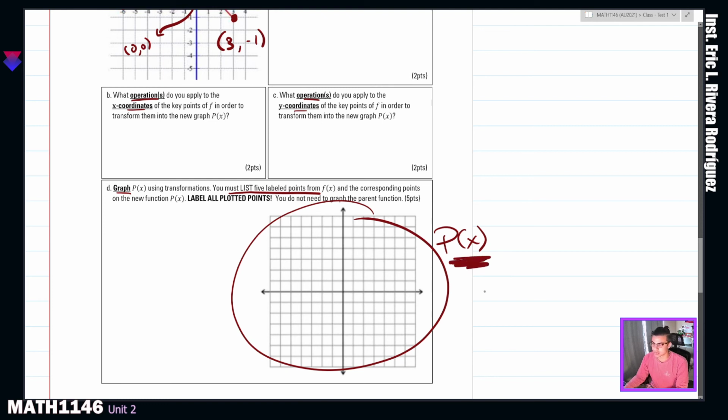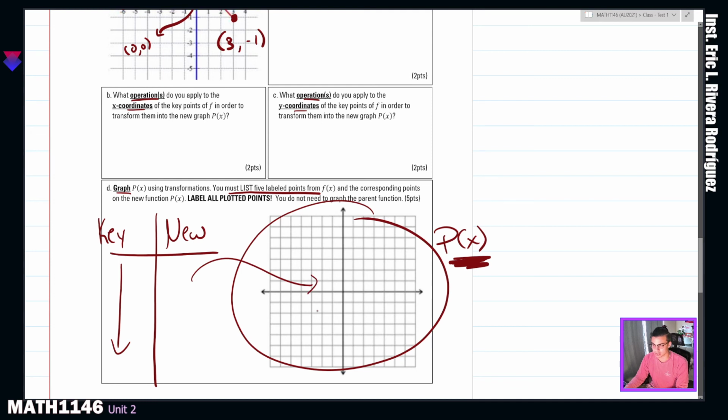The one that you are going to be working on is just P of X. In this space, you are going to take those key points. You are going to list down here the key points, and here you are going to put the new points. The key points are for f of x, and the new points are for P of X. Those points you are going to use to sketch the graph.